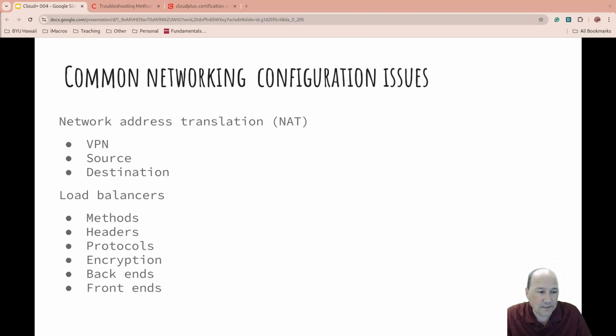Load balancers. What types of methods are there? What are the headers required for it? What protocols are you supporting on those load balancers? Is there encryption? Because there darn well needs to be on almost any load balancer. There are some times when you have a load balancer down to the database level that you probably wouldn't encrypt because it's in a secure enough place.